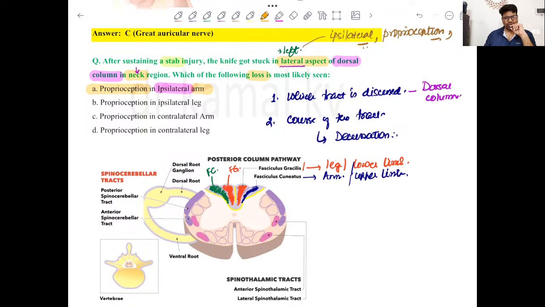Now what can you interpret from this particular CT scan? I think it is one of the very commonly repeated questions, and there should be no confusion in this whatsoever, right? So anyone, what can be the answer here?